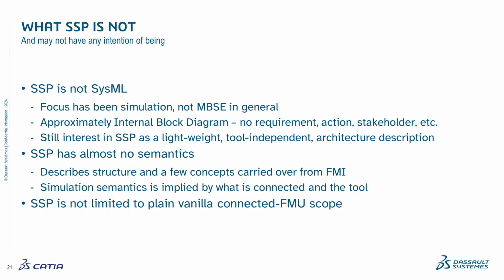And that is a deliberate choice, that there are no simulation semantics in SSP. And we should remember that SSP is not limited to plain vanilla systems with connected FMUs. It can represent models with other languages such as Modelica, and it has support for parameter sets and variants based on parameter sets.